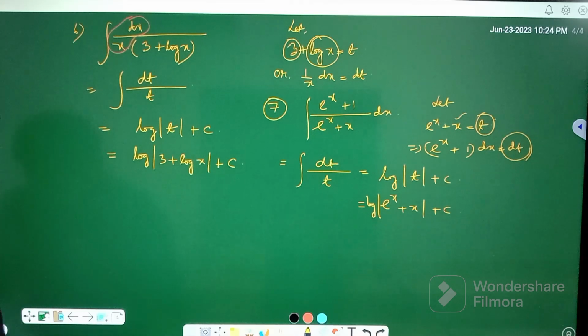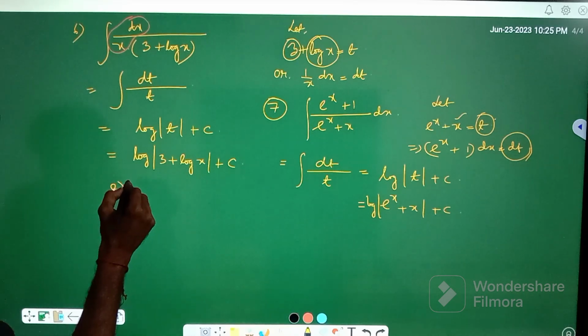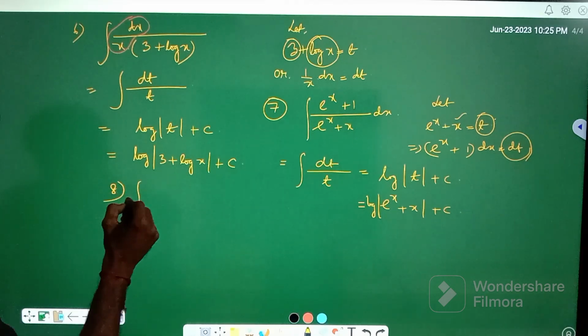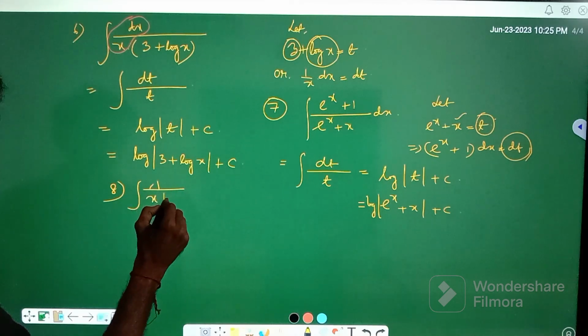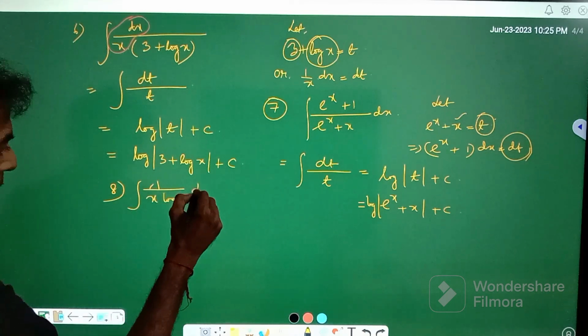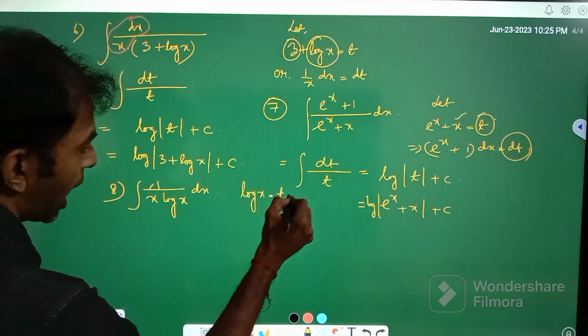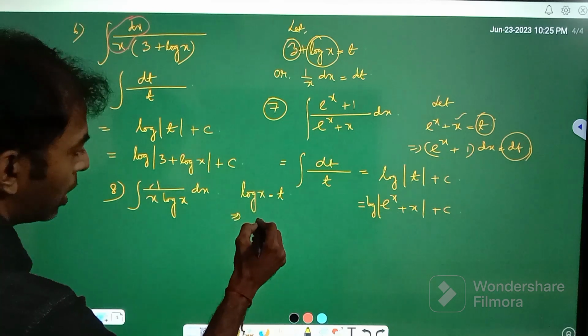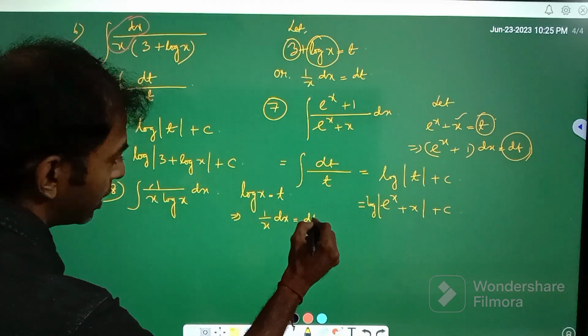Now look at the next problem. That will be our eighth problem. Eighth problem is integration of 1 by x log x dx. You need to consider log x as t, and from this relation you will get differentiation of log x will be 1 by x dx, and that will be dt.